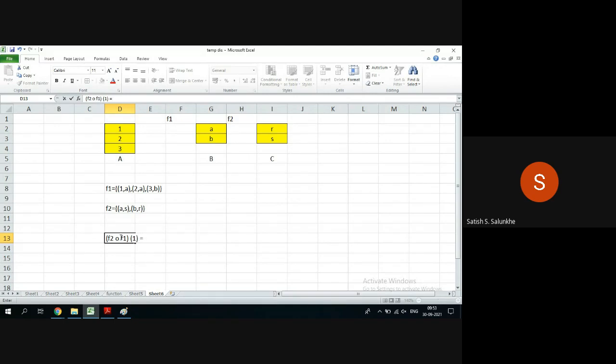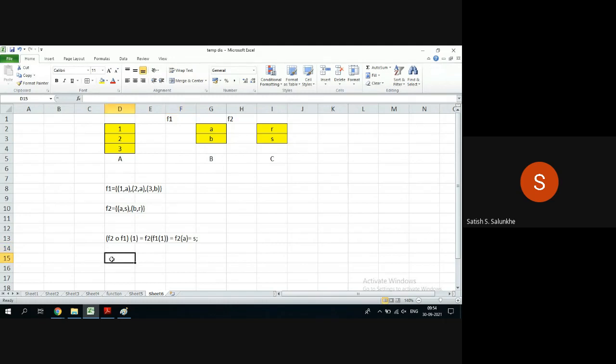That is equal to f2 of f1 of 1. f1 of 1 is a, so that is equal to f2 of a, which is s. So what we have done is establish a function from A to C that we call f2 composition f1. Fine. Now is it satisfying the commutative property?